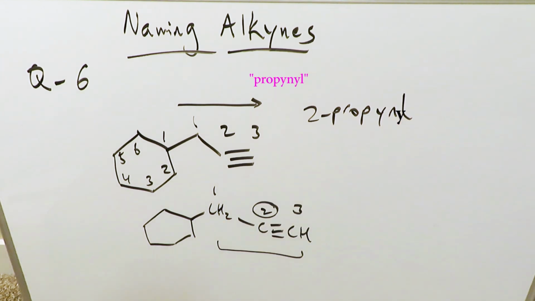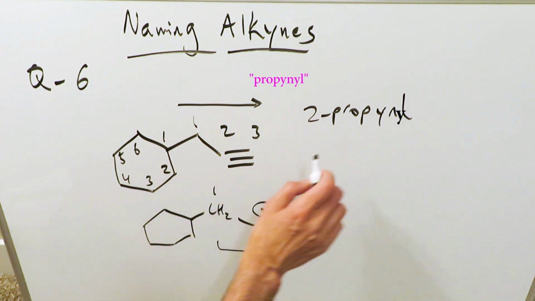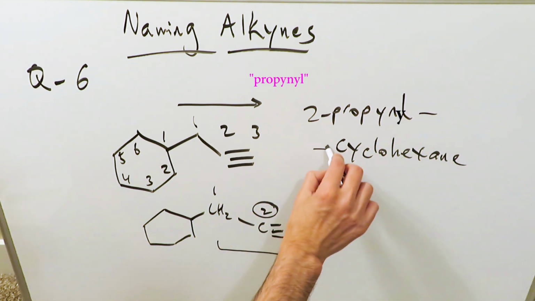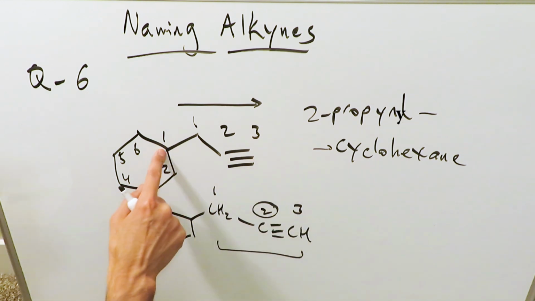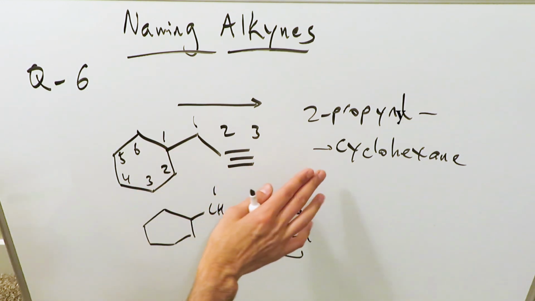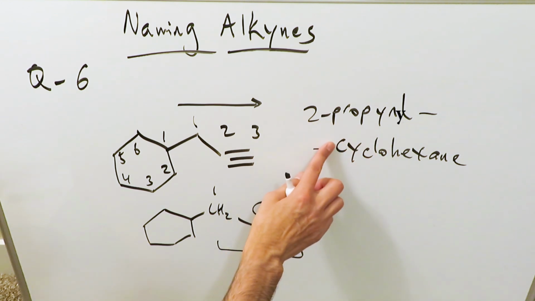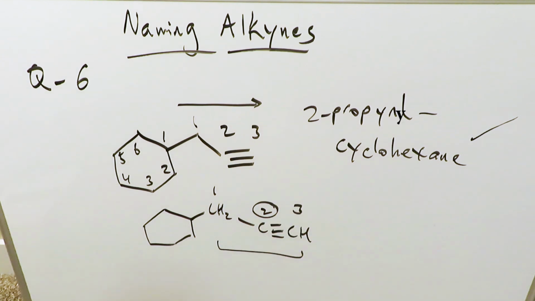The yl gives it a symbolism with regards to it being an attachment. 2-propynyl. Then I can have this cyclohexane. You can literally combine this with this and make it one long name. You don't have to write 1-cyclohexane because it's assumed if there's no number it's 1. 2-propynylcyclohexane is your correct name, and you cannot be wrong with it.